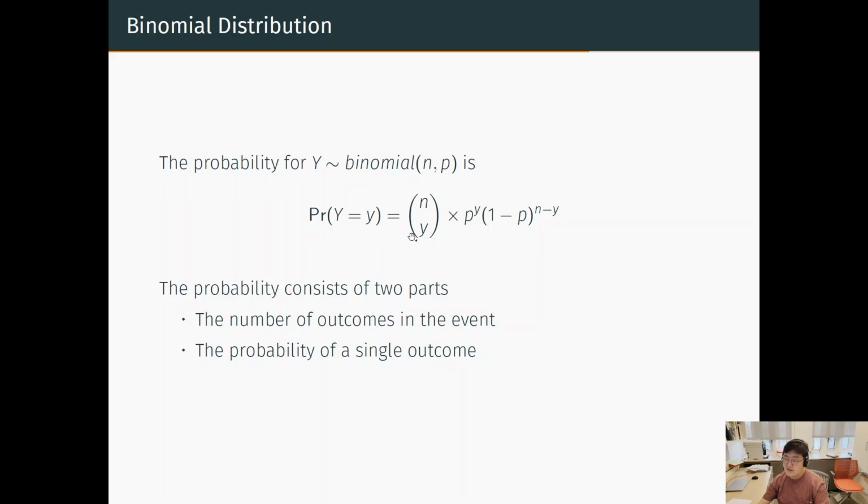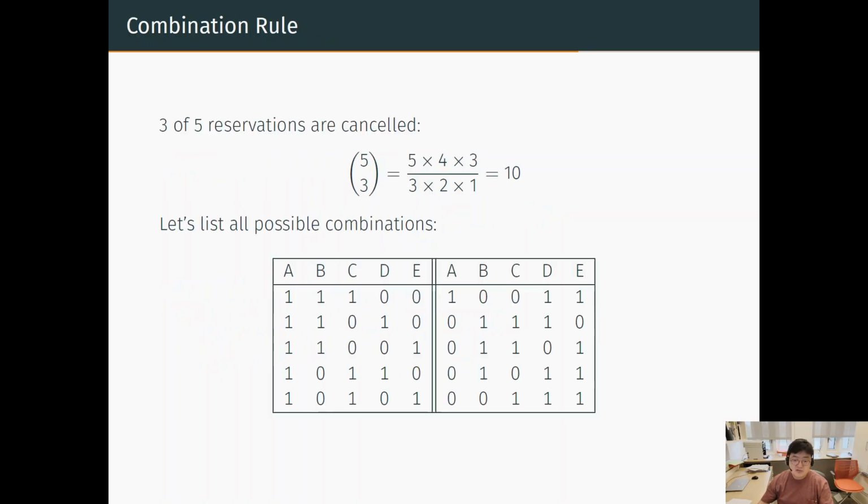Out of n, you know y cancellations. How many different combinations are possible? That is this one, right? So this is the probability for a binomial random variable with parameters n and p, right? So we have this number of possible outcomes in this event and the probability of a single outcome in the event.